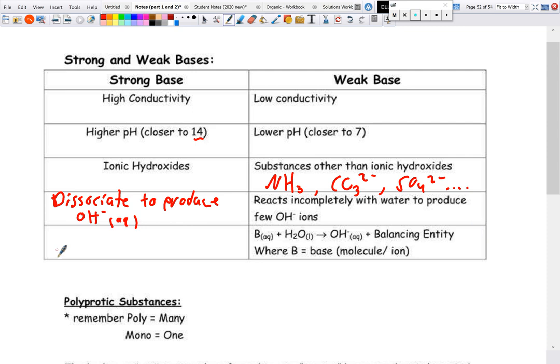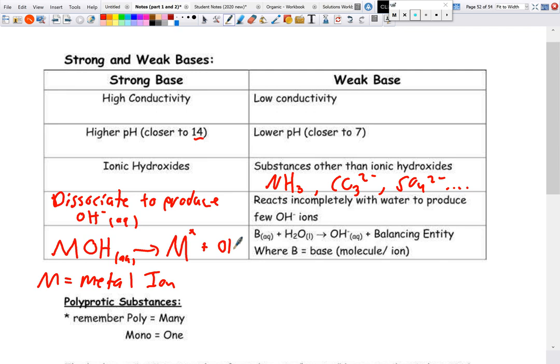Whereas for a metallic hydroxide, where M equals the metal ion, it produced the metal ion with whatever charge, plus OH minus. So it was a dissociation and not a reaction.